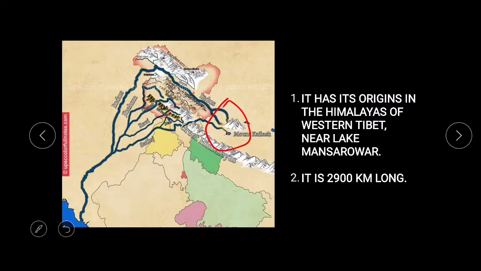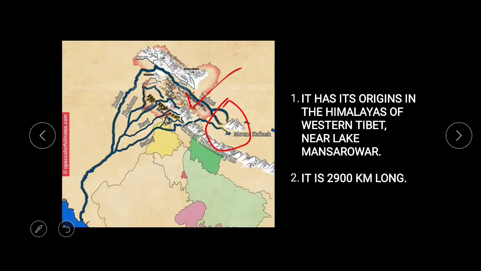The stretch from Tibet till the drainage point in the Arabian Sea extends up to 2,900 kilometers long. The river starts its flow from the Ladakh region, passes through Jammu and Kashmir, and flows down to regions of Pakistan, finally draining into the Arabian Sea.